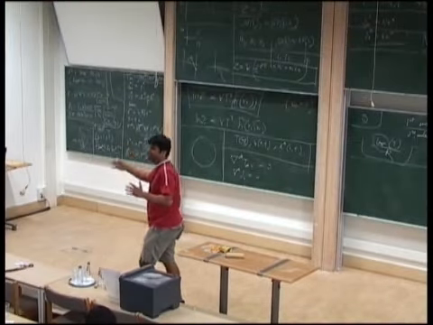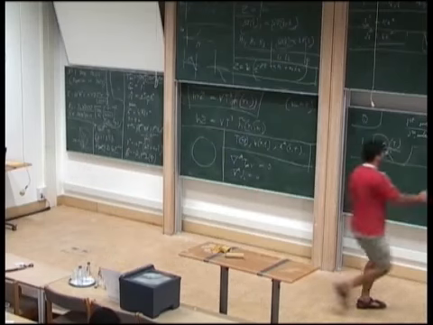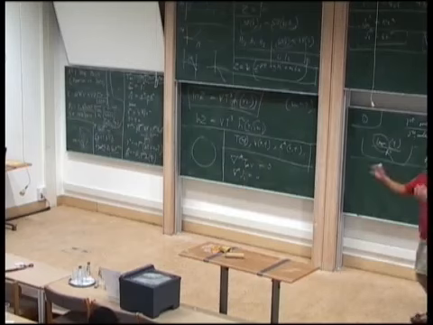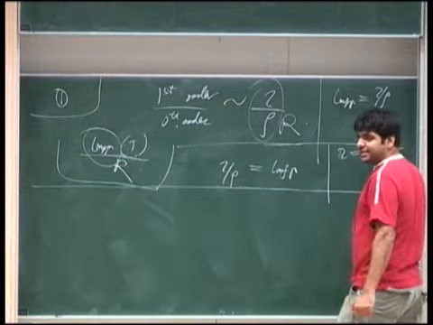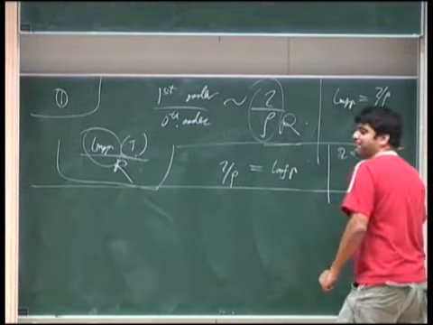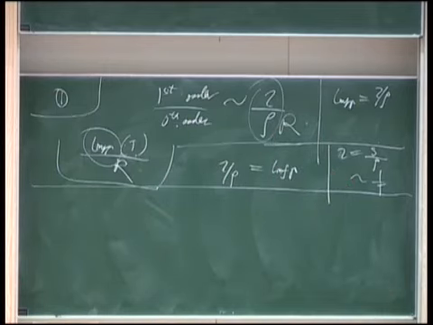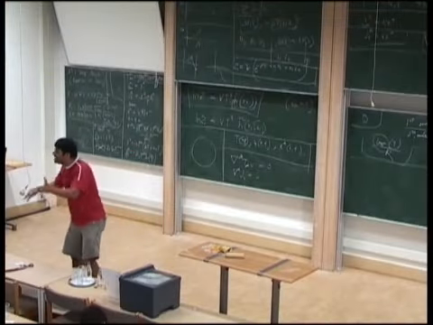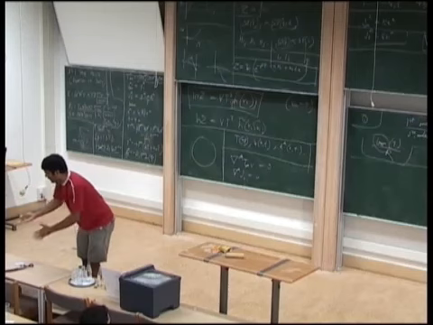This is the classic result of Policastro, Son, Starinets and so on. So for instance, if we look at the simplest case where the fluid is uncharged, this is simply the ratio of entropy density to energy density, which is of order 1 over the temperature. It gets more complicated when you start adding charges, but in a wide variety of cases we've made this estimate in our paper, which you could just look up.